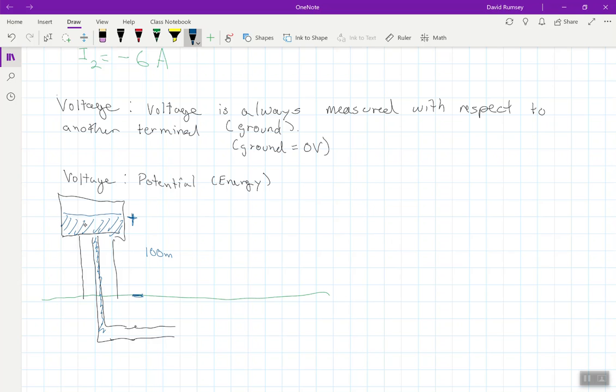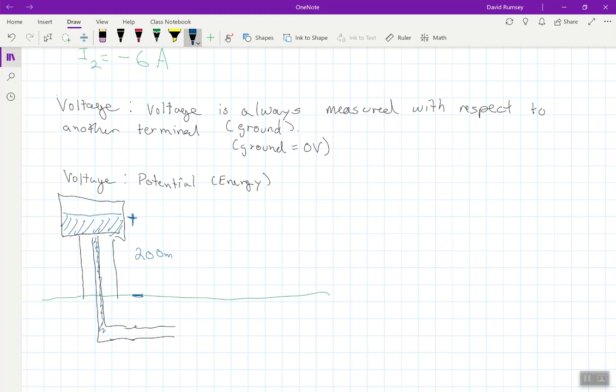It's got a certain amount of way it can force the water down. But we should understand that if I increase the height of that to, let's say, 200 meters, I'll have more pressure being able to force more current down through this.